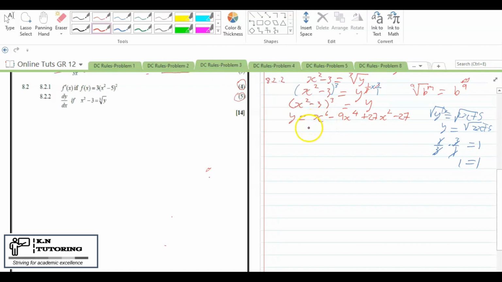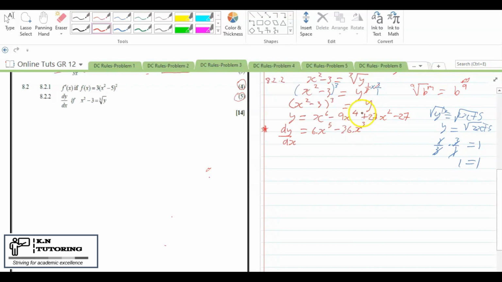I can start applying rules of differentiation, and I was given the notation there, so I can show here with a star that I'm applying rules of differentiation, and the notation is dy over dx is equal to 6 times x to the exponent 5. I believe you know that I minus 1 from the 6, minus 9 times 4. 9 times 4 is 36, multiplied by x to the exponent 3.